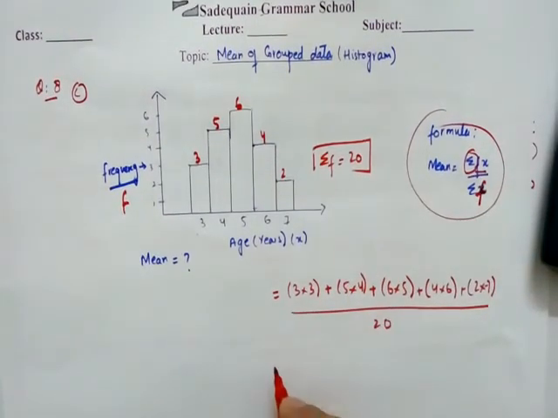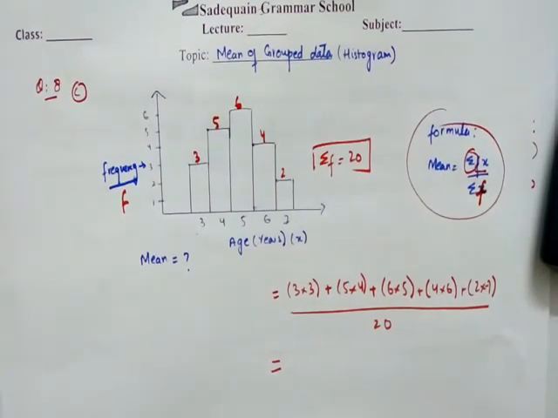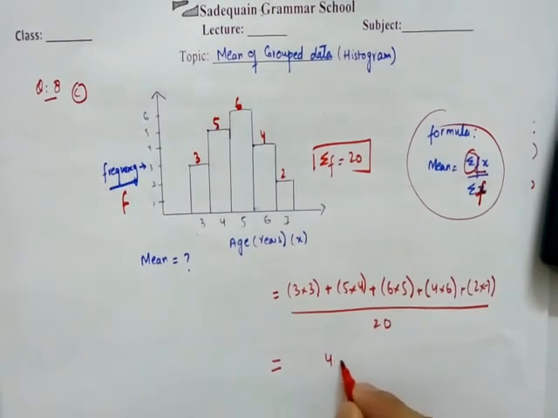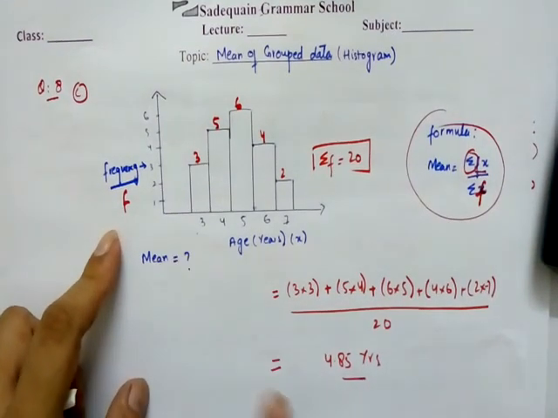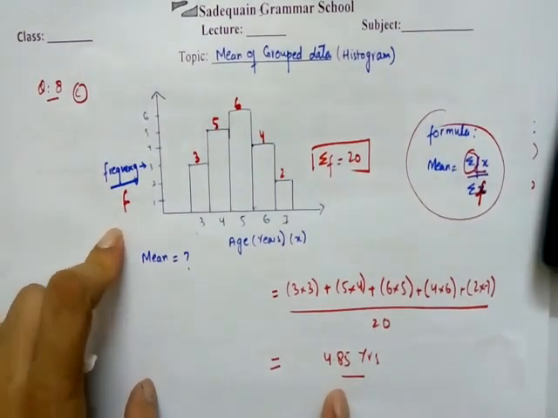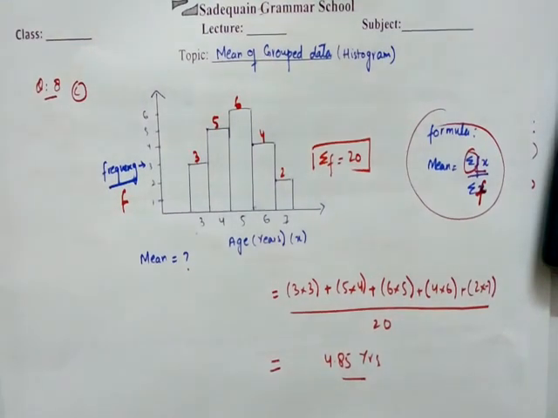So our final answer would be, I have already calculated it, 4.85 years. So this set of data has a mean of 4.85 years. Hope you understand the question.